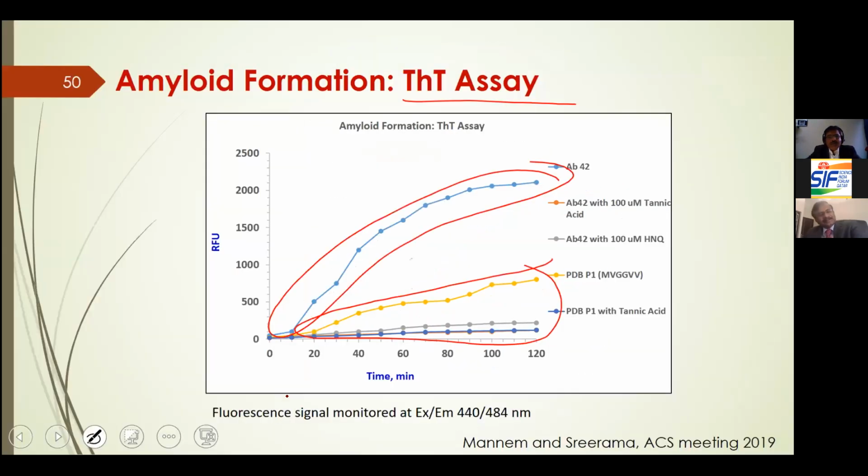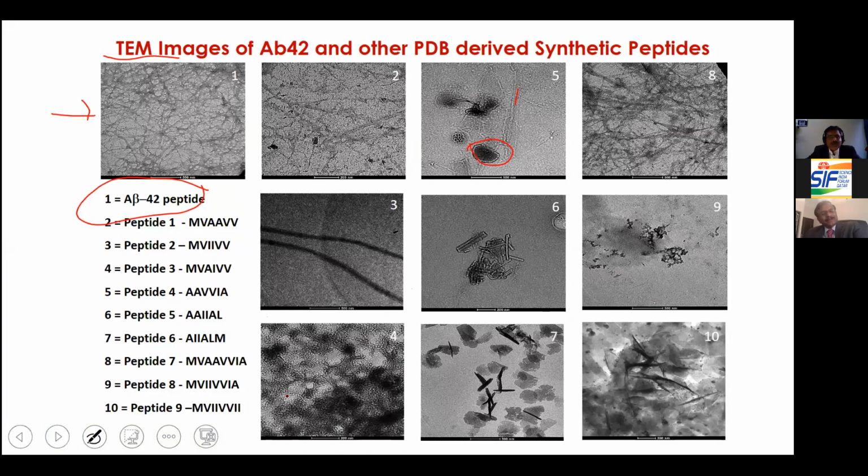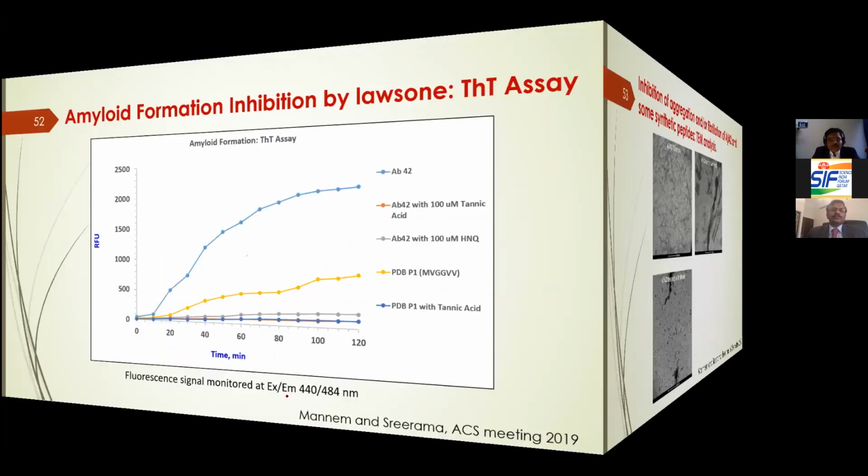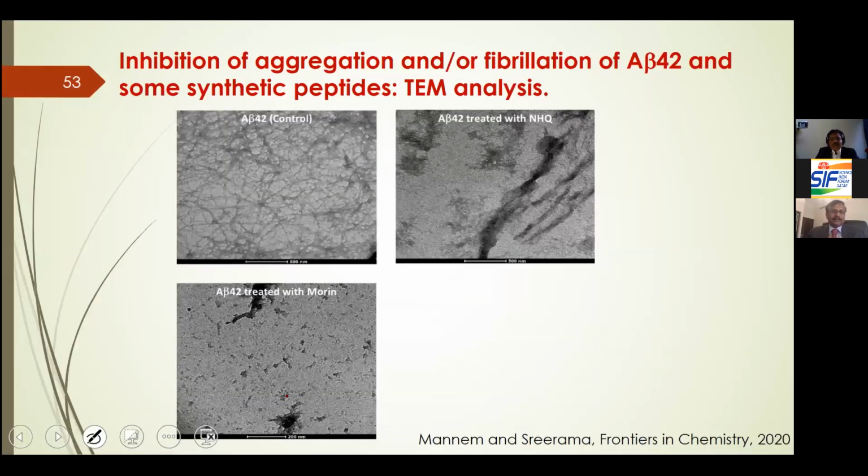So what's our next step? Our next step is, remember, we are really still dealing with Lawsone and Lawsone compounds, the Schiff bases. Can they prevent the aggregation and formation of these plaques in the lab? And so what we did, I'm going to skip this and go straight to this picture here.